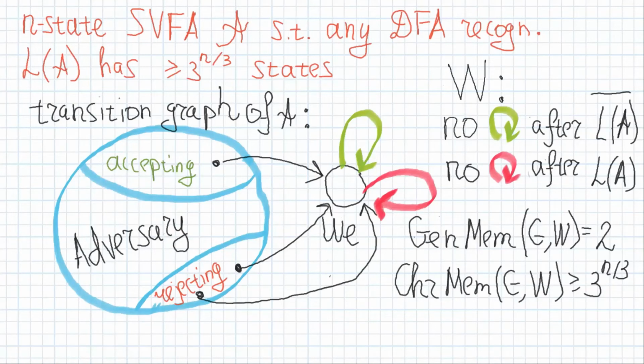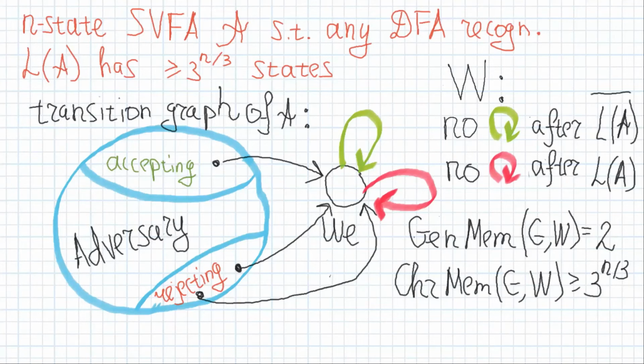So all the words on which the adversary can come to an accepting state are from the language, and all words from the language have some path to an accepting state. And a similar thing holds for rejecting states and for the complement of the language recognized by A.